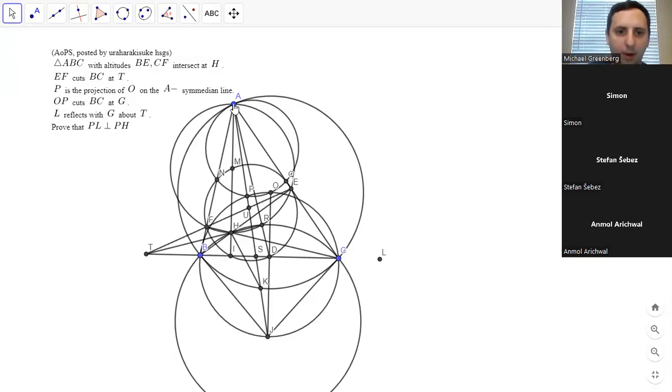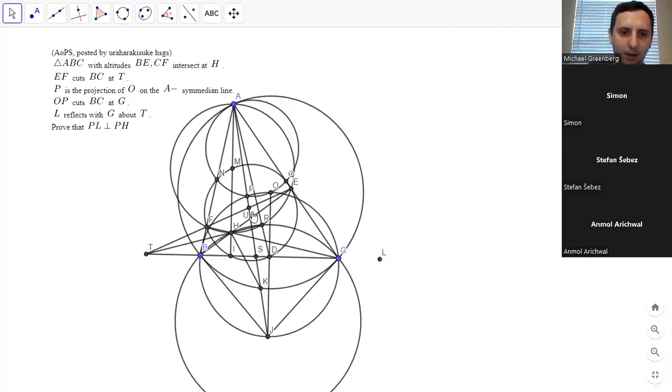So can we show that MPUI is cyclic? That looks like probably power of a point from A. We want to show that AM times AI is AP times AU. That seems like it shouldn't be that hard, right? Yeah, that is doable, 100%. Yeah. Okay.